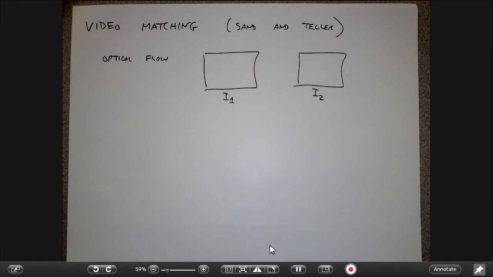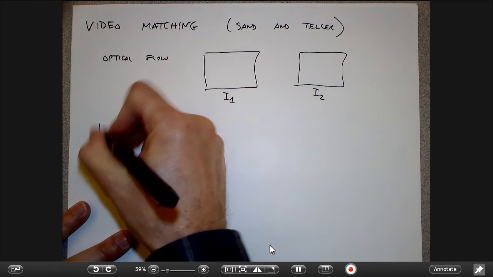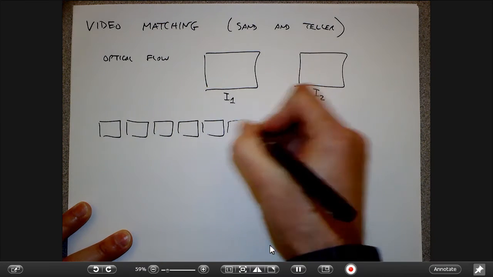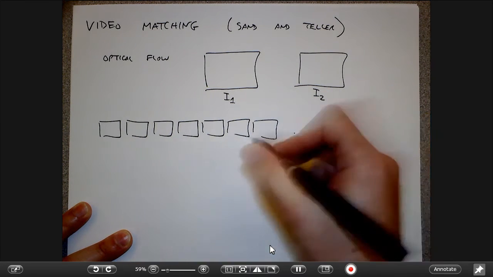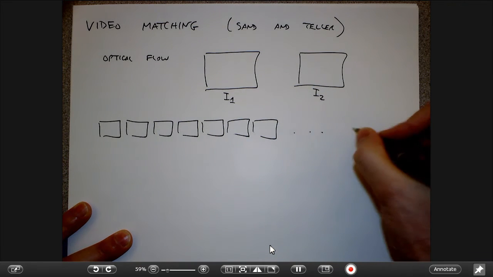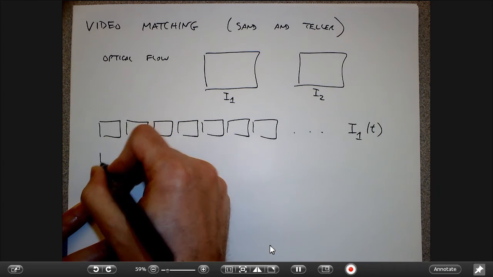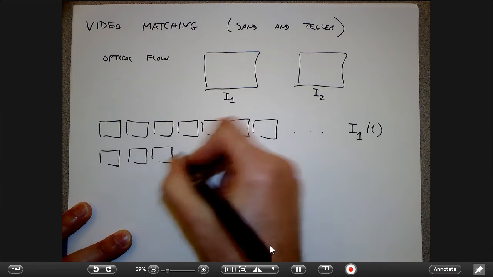What if we wanted to compute optical flow between two video sequences, right? Imagine that we have a whole series of images in one video. This is image sequence 1, which we could call a function of t, and then another video sequence.